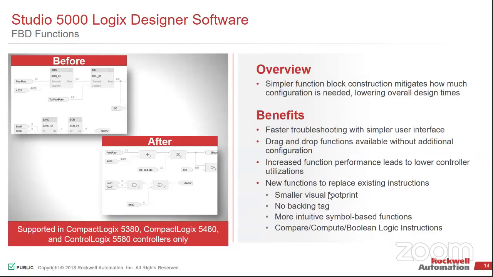So this is the new look of the function block diagram interface in version 32. And again, this is for the high performance controllers only. So you only see that if you're on the L8s and the 5380s.